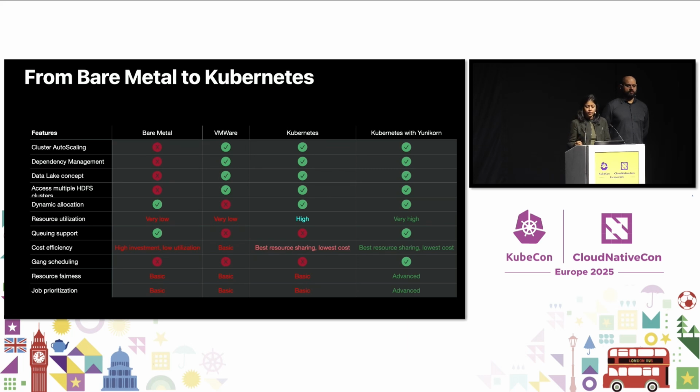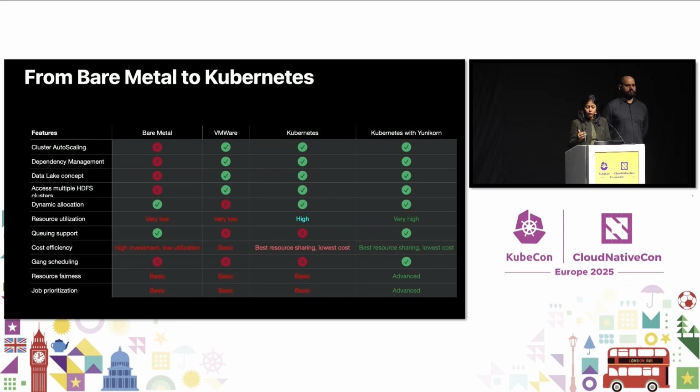With Kubernetes, our resource utilization improved, but it was still not up to the mark where we wanted, and we saw the advanced improvement with Kubernetes on Unicorn.